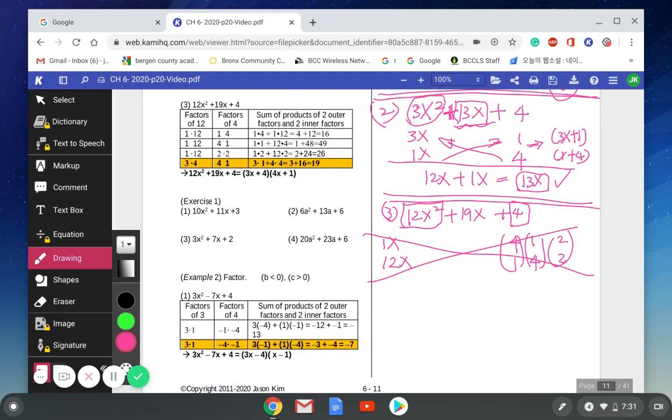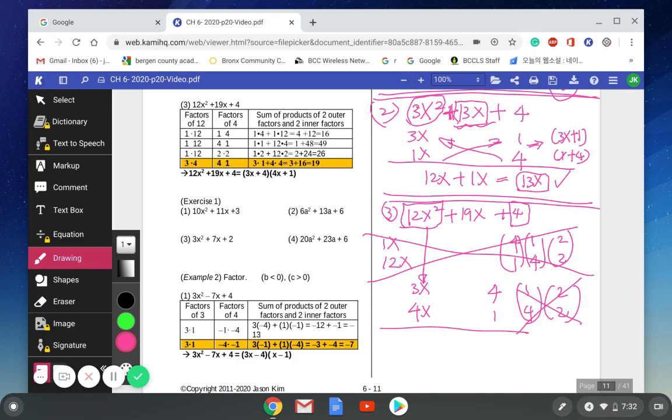So I tried 1, 2, 3 times already and it didn't work out. Now, when I try with a 3x and 4x, and when I try 4 and 1, it worked. 1 and 4 and 2 and 2 didn't work out.